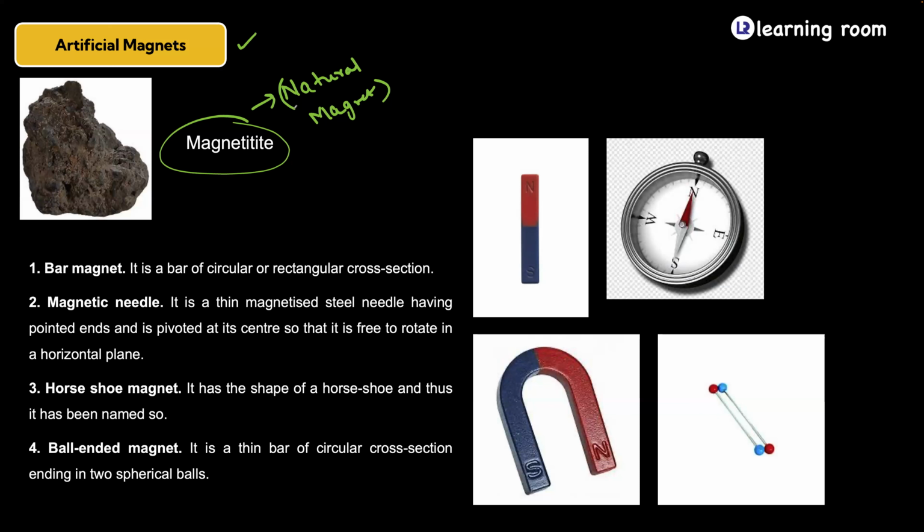Because if I reverse and put it, it's still going to work. So what has happened this time? Things have changed. By default, this pin does not have any north pole and south pole. Because of this magnet, it is able to create a magnetic field within this, and this magnetic field is strong enough to attract other magnetic substances also.